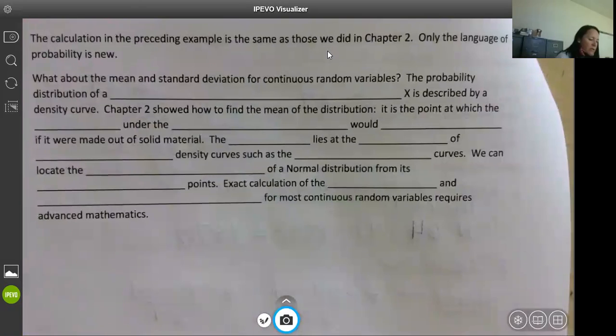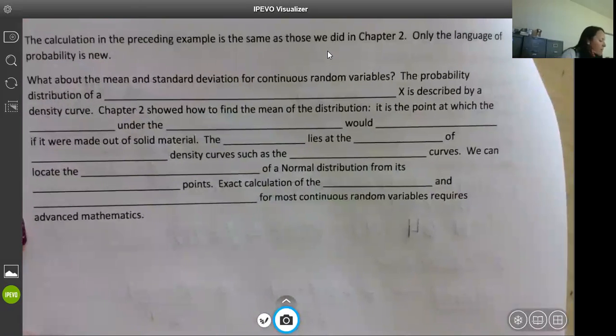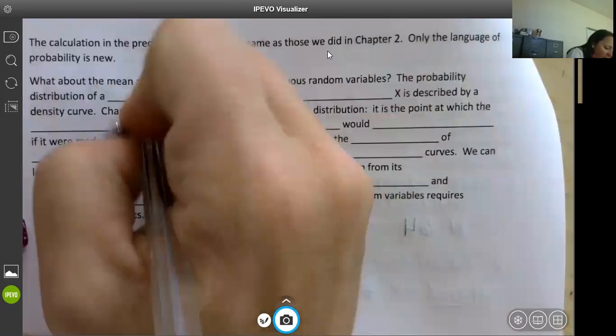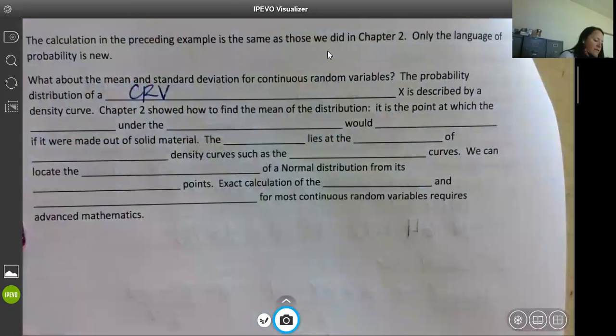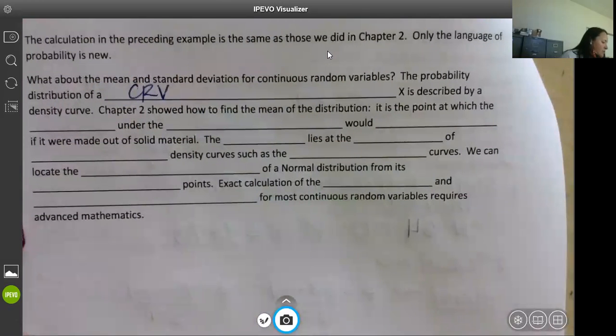The calculations in the preceding example are the same as those we did in chapter 2, only the language of probability is new. What about the mean and standard deviation for continuous random variables? The probability distribution of a continuous random variable is described by a density curve. Chapter 2 showed how to find the mean of the distribution.